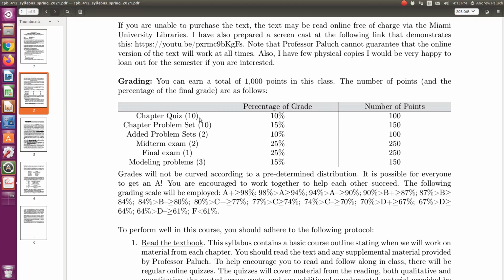Typically they're qualitative questions, but I also have some quantitative questions, and I'll explain that in a second. The quizzes are just to encourage you to follow along through the course: read the book, read the supplemental information, watch the screencasts. They're not intended to be incredibly difficult.